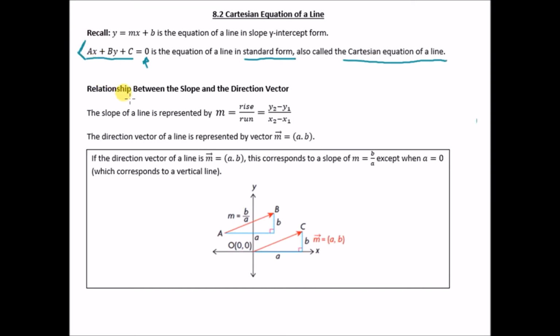So the relationship between slope and the direction vector. The slope of a line is represented by rise over run: y2 minus y1, the difference in the y's over the difference in the x's. The direction vector of a line is represented by vector m, a comma b.